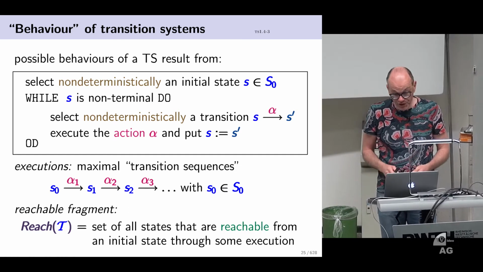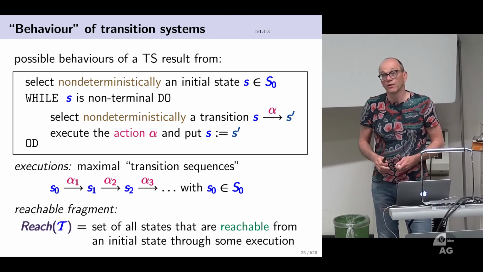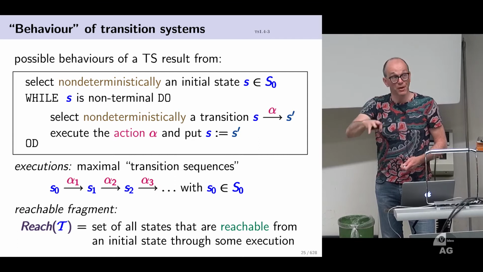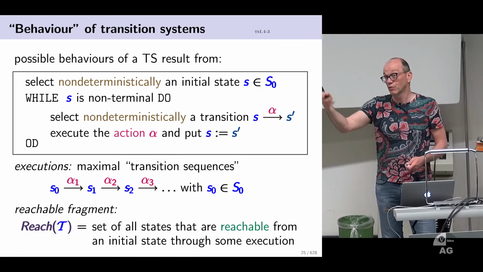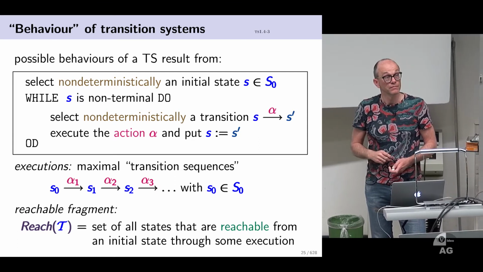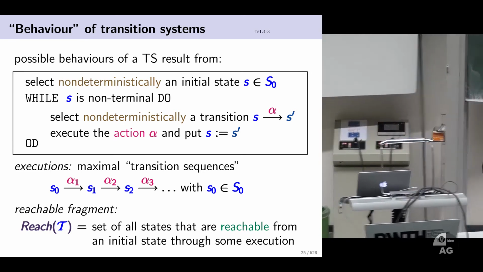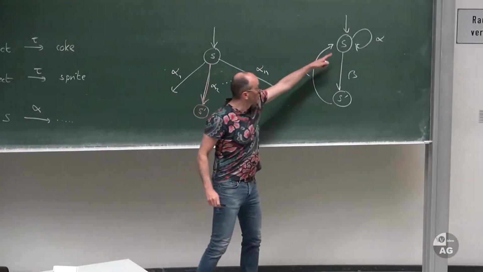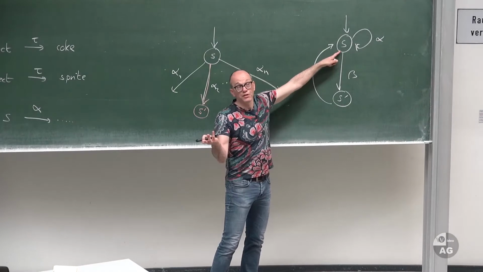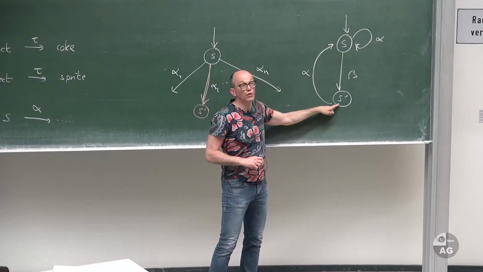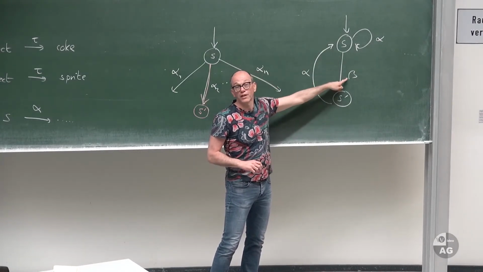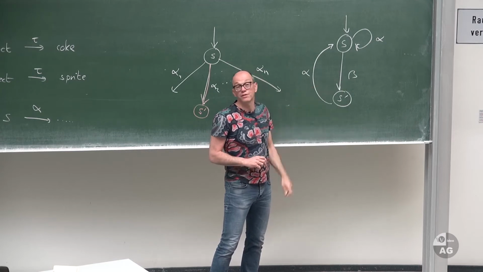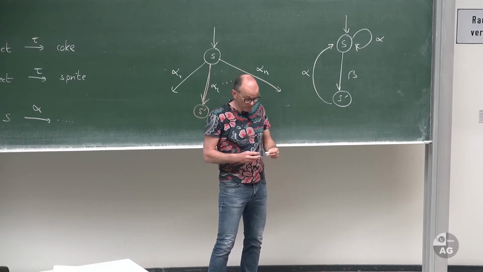And then you can define the set of states that are reachable. Those are the states that you can reach from some initial state by actually running this algorithm. In my example over here, both states are reachable. Initially this is already reachable because that's where we start. And this one will be reachable because as soon as we select beta, this is S prime.